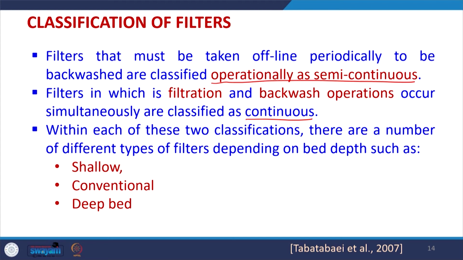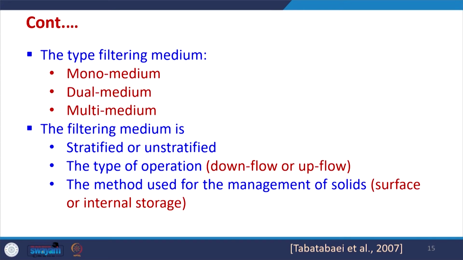Within each of these two classifications, there are a number of other types of classification possible depending upon the bed depth, whether it is shallow, conventional, or deep bed. So, there are a number of classifications which are possible. Similarly, based upon the type of filter medium, we can have mono medium, dual medium or multi medium filtration.